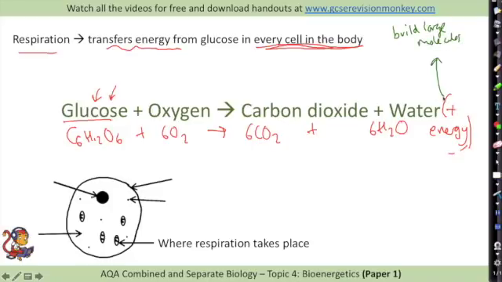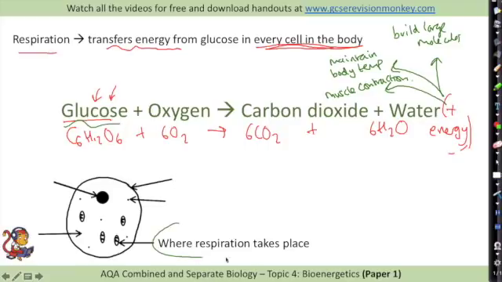It can be used to maintain our internal body temperature, using homeostasis to regulate our internal environment. And it can also be used, importantly, in muscle contraction for movement. So we need that energy, and we get that by breaking down glucose.